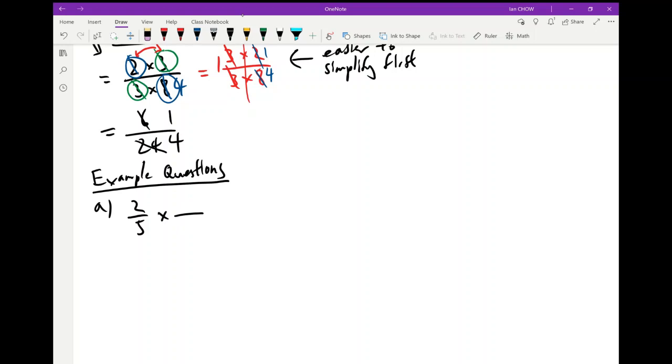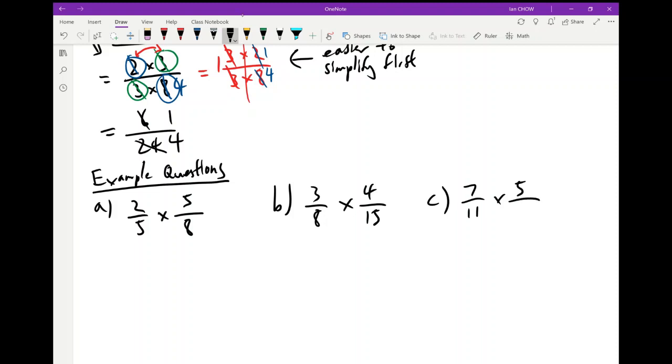Actually, that can simplify itself, so let's just do 5 over 8. That's A. For B, let's do a different one: 3 over 8 times 4 over 15. And for C, let's do one more: 7 over 11 multiplied by 5 over 28.